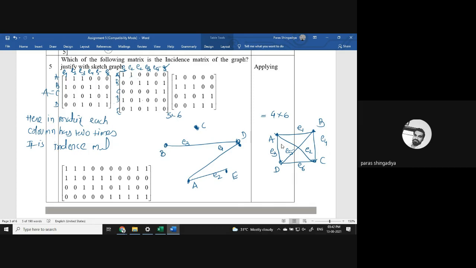E4 is in between B and E, so connect B to E, that will be the E4 edge. E5 is in between C and E. Connect C to E, so that will be E5. And E6 is in between B and C. So connect B and C, that will be E6. Clear?